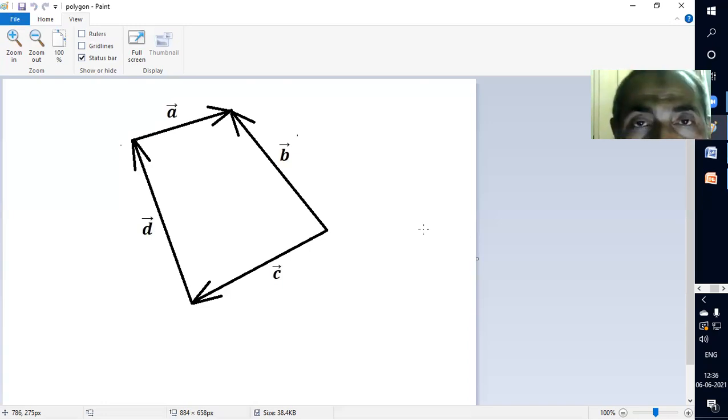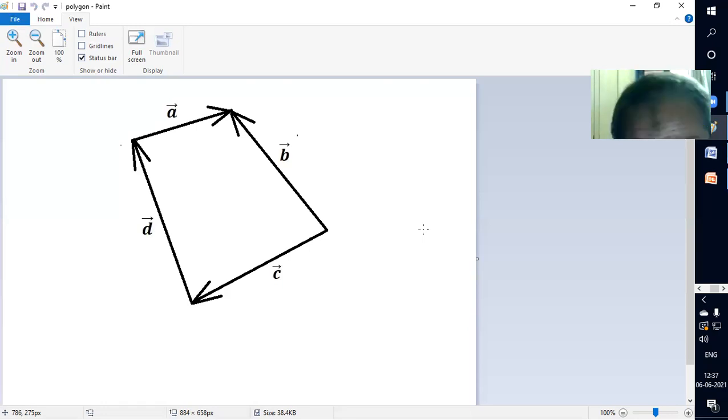And you know, every equation contains some right-hand side part and some left-hand side part. At one side of the equation, you will take all those vectors which are moving in one direction. And on the other part of the equation, you will write the vectors of opposite direction. Now, if you see here in this figure, vector C, vector D, vector A, these three are moving in the clockwise direction.